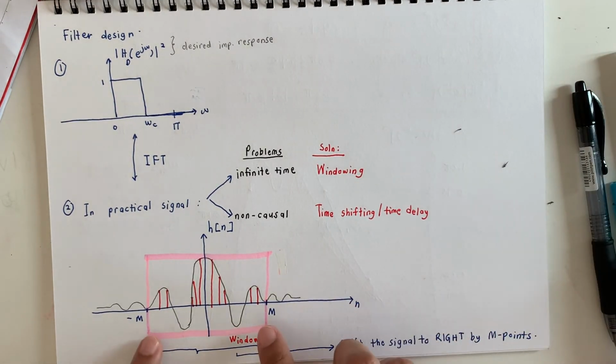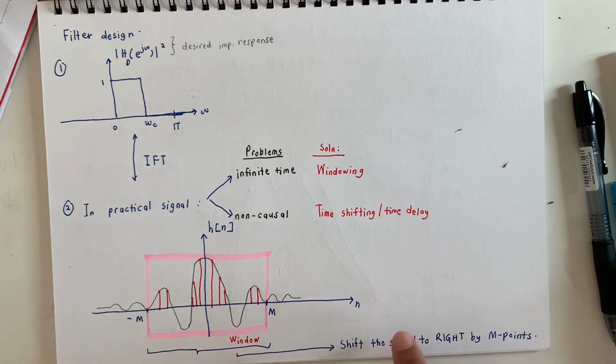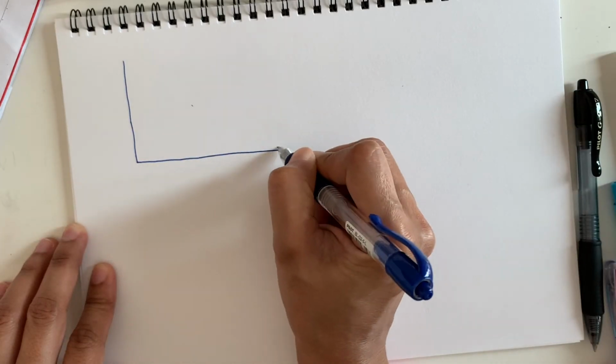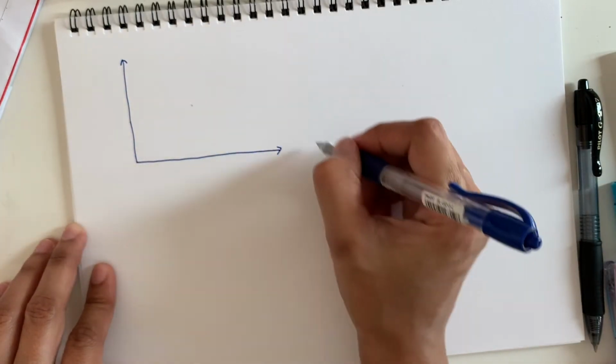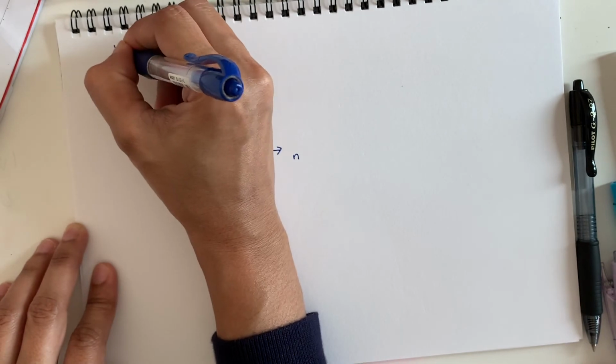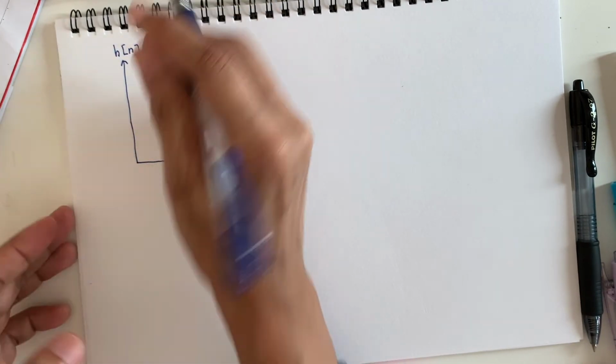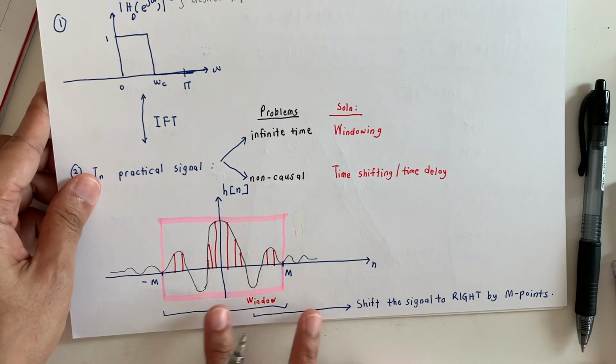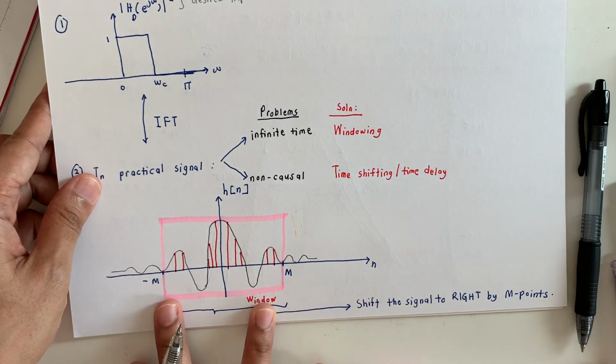After you do the windowing and time shifting, you get this kind of signal. Just now we did windowing because we want to select our important signal. This is our important signal.